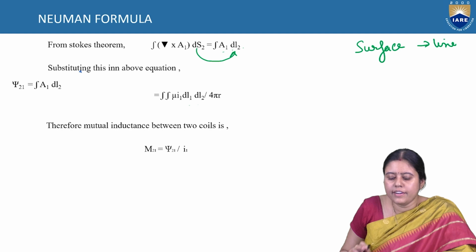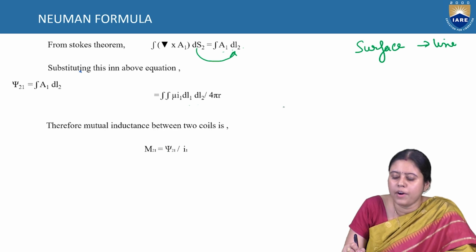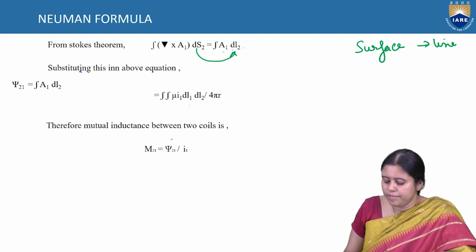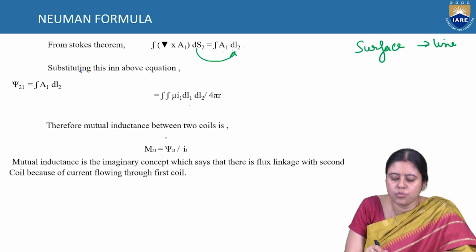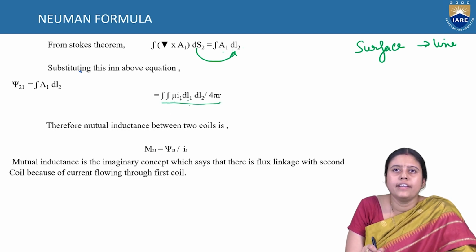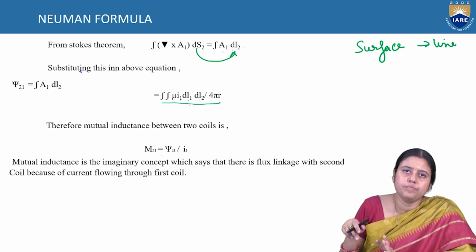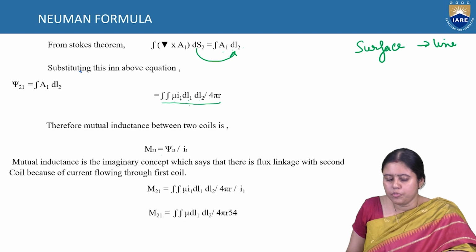So the mutual inductance, we know what the mutual inductance is. Mutual inductance can be referred to as psi21 by I1. Inductance can be written as flux per current. So if we write mutual inductance M21, it is equal to double integration of mu I1 dl1 dl2 by 4 pi r, where l1 is the length of the circular coil and r is the distance between them.